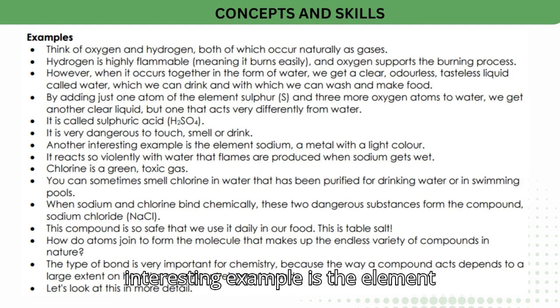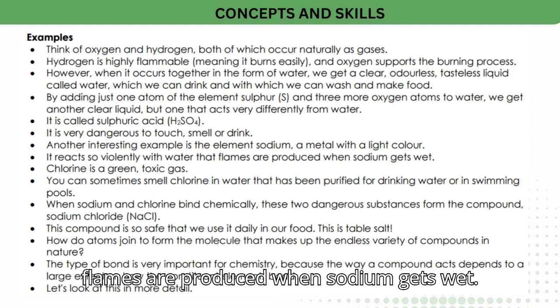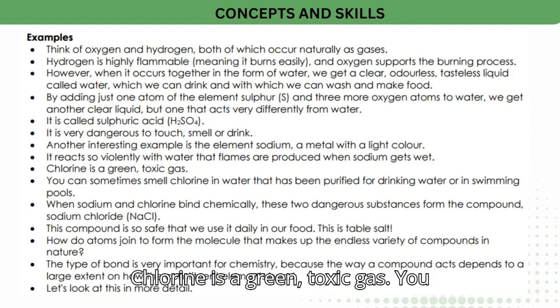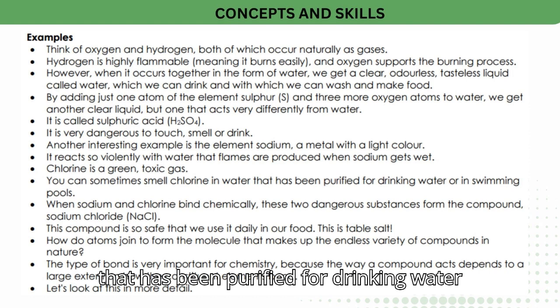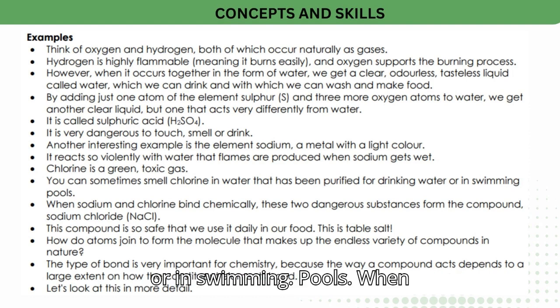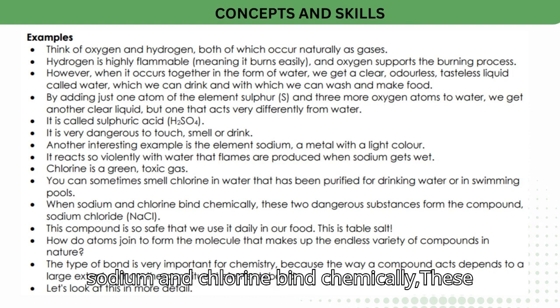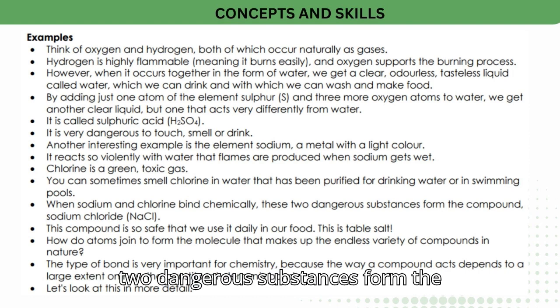Another interesting example is the element sodium, a metal with a light color. It reacts so violently with water that flames are produced when sodium gets wet. Chlorine is a green, toxic gas. You can sometimes smell chlorine in water that has been purified for drinking water or in swimming pools. When sodium and chlorine bind chemically, these two dangerous substances form the compound sodium chloride, NaCl.